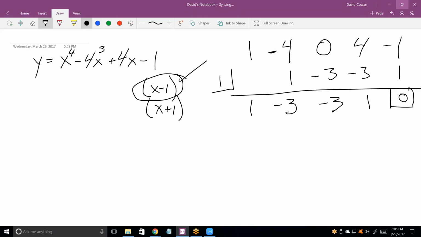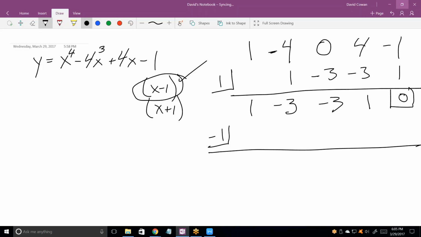In other words, had I not gotten a 0, then 1 is not a solution to this quartic. Now, because I used synthetic division, this is a cubic, but I don't really need to know what it is. I'm just going to divide it by the other solution that they told me was a 0.